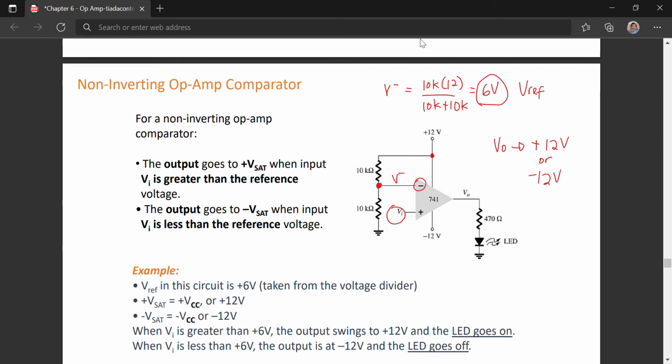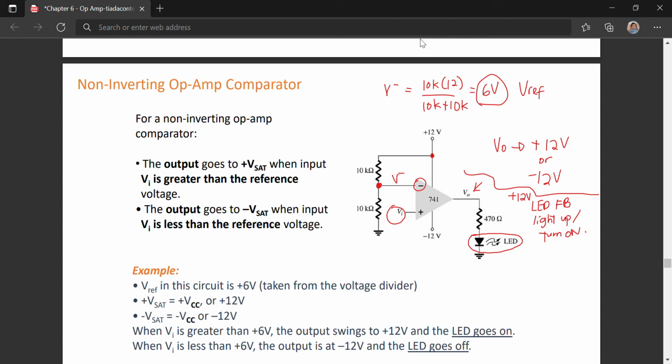Okay, so here, as an example for the output, there is an LED over here. So you know that when your Vout is positive 12, the LED is forward biased, right? Forward bias means the LED is lit up or turned on.